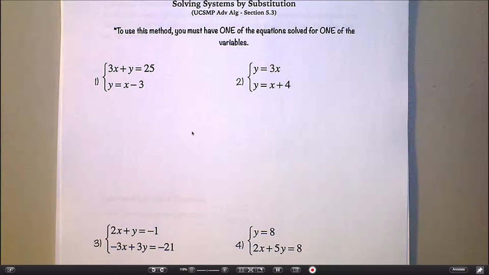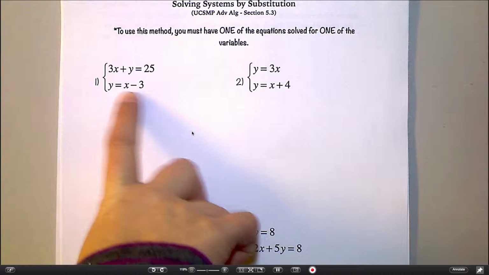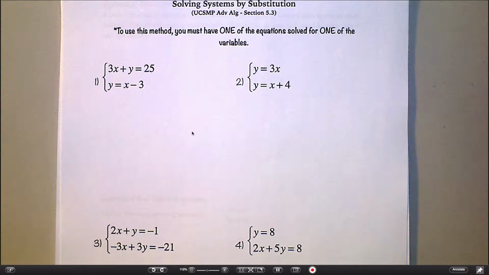And the whole idea rests upon the fact that, for example, here, where I say y equals x minus 3. If y is equal to x minus 3, that means they're interchangeable, right? They're the same value, y and x minus 3 are the same thing, so I can substitute them and no one would notice, okay, kind of thing.